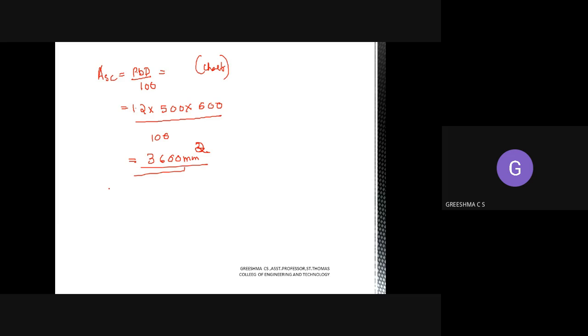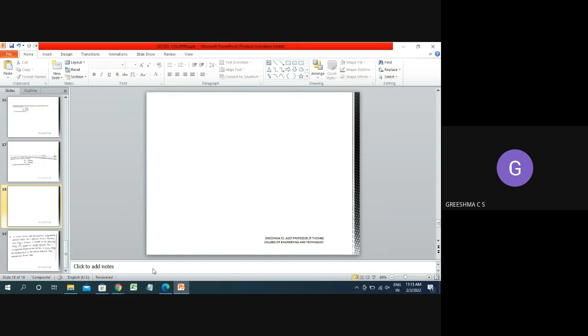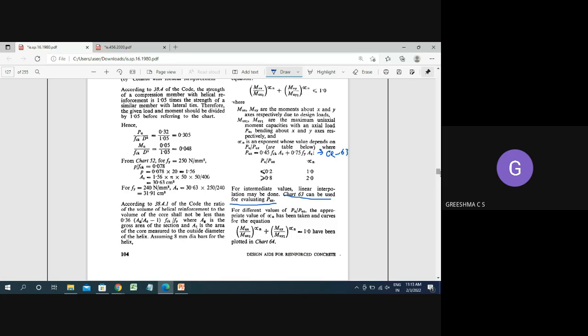Now you need to find out the number of bars and the diameter of the bar. You can refer again to the IS code, SP16. Take the chart 95.